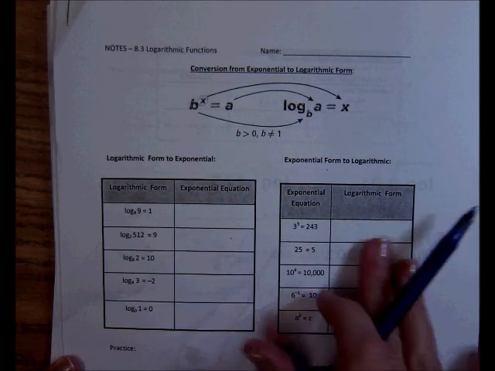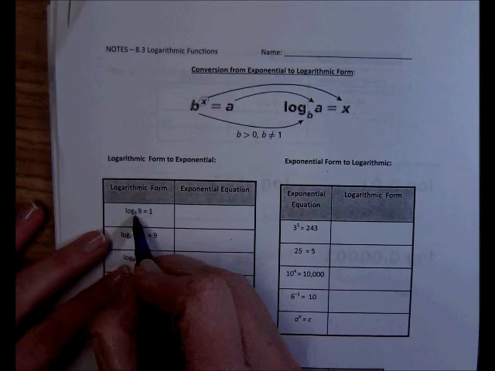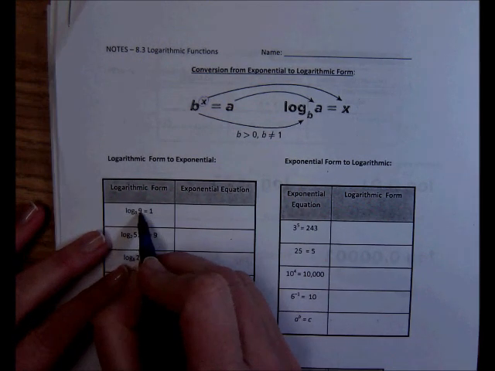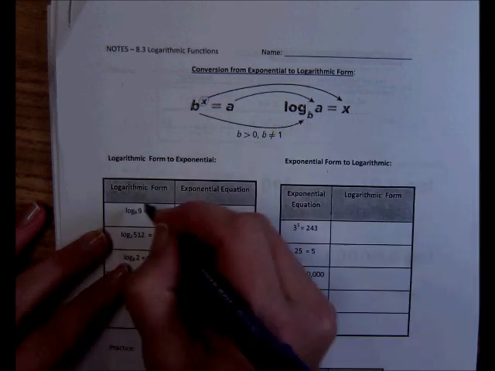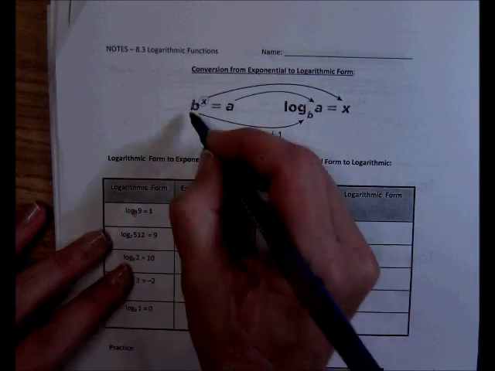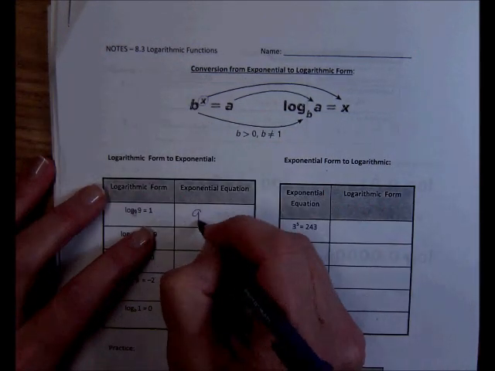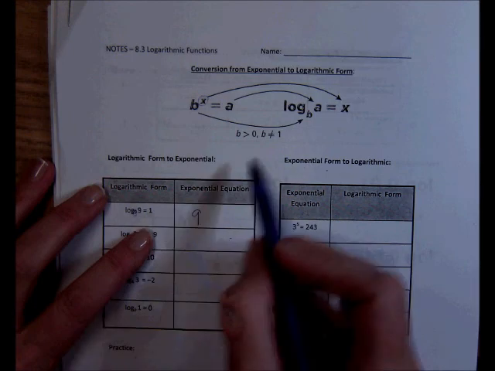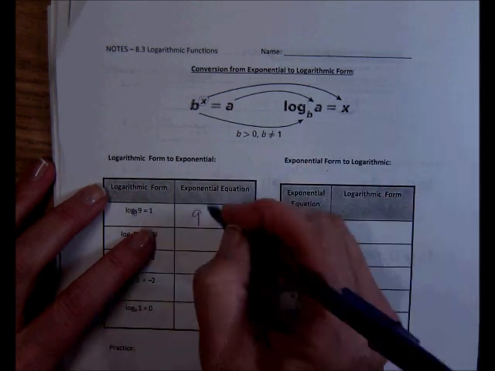So we went through these in class, but I'm just going to go over them again in case you were absent. So log base 9 of 9 is equal to 1. If you look here, 9 down here is actually the base of my exponent. So I'm going to put 9 as the base. My exponent is whatever the answer is over here.